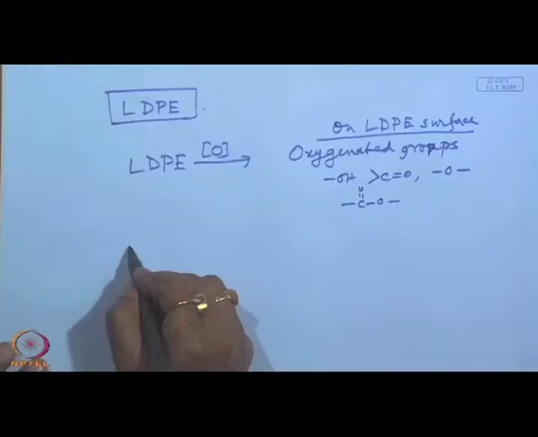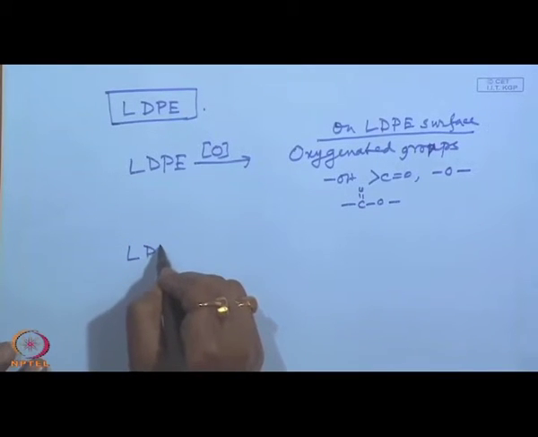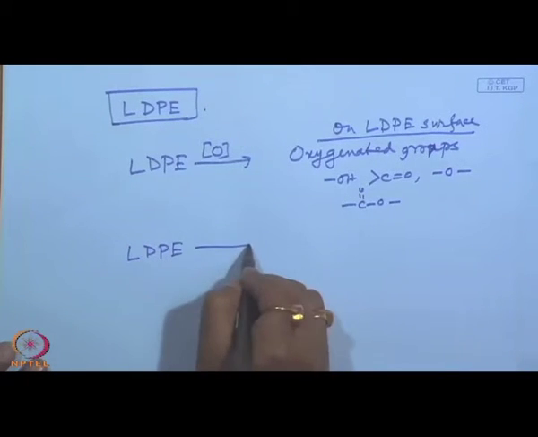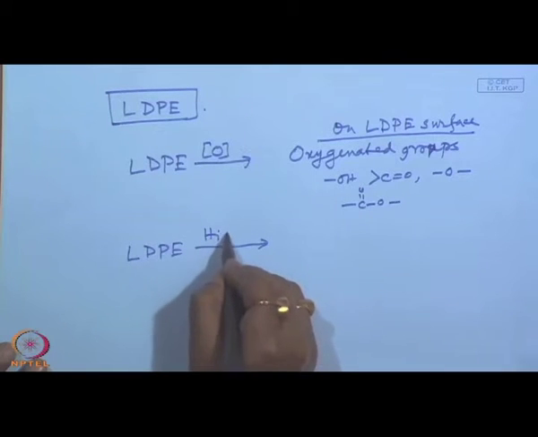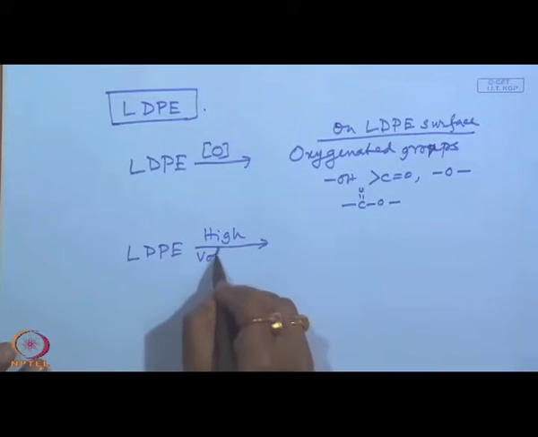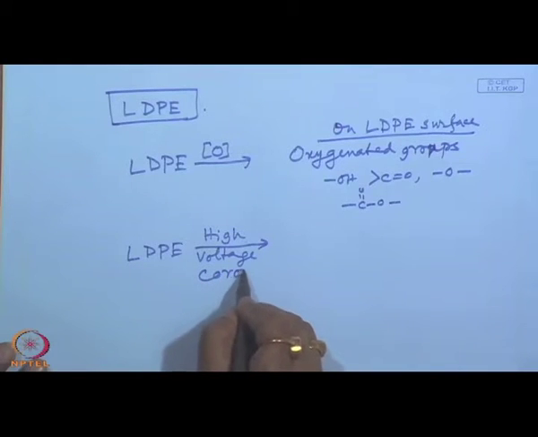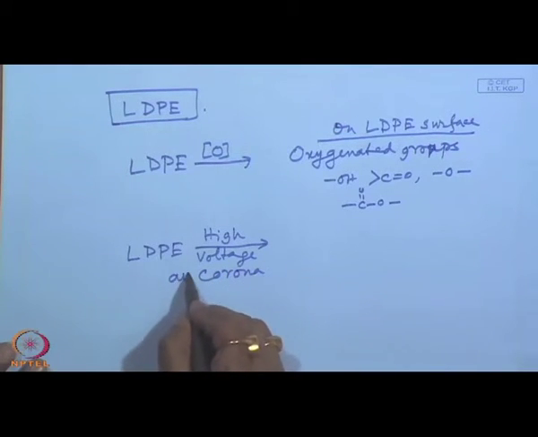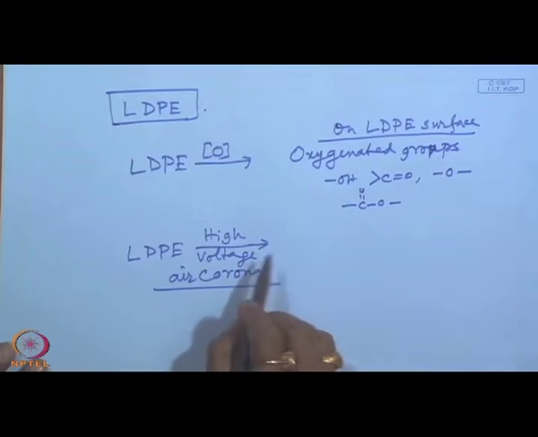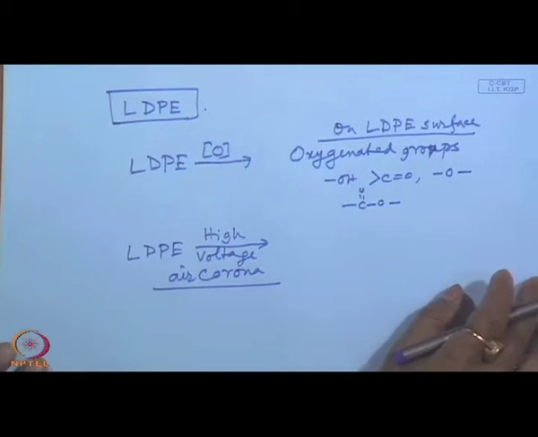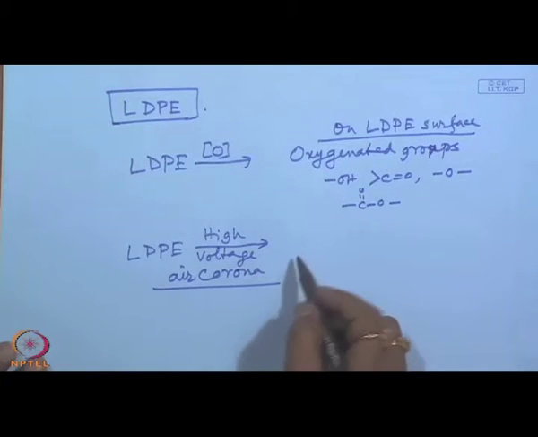So, if this LDPE is exposed to high voltage corona, say air corona, the air contains oxygen, and highly active oxygenated species will impinge on the LDPE surface, and this LDPE surface will be oxidized.